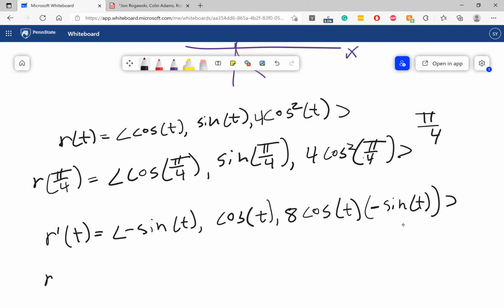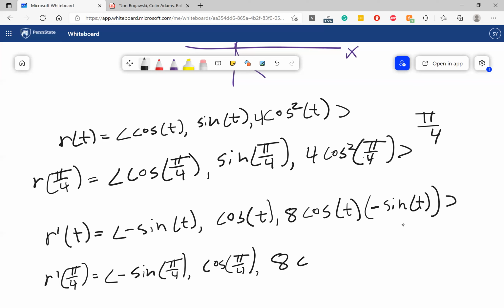And so r prime of pi over 4 is going to be negative sine of pi over 4, cosine of pi over 4, and 8 cosine of pi over 4 times negative sine of pi over 4.